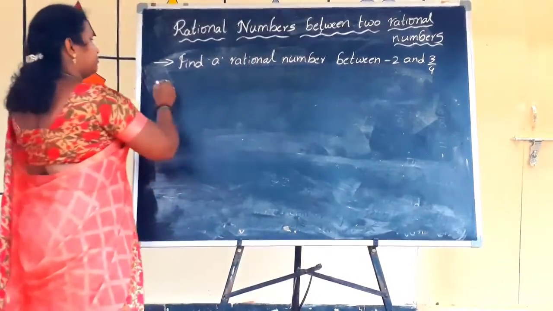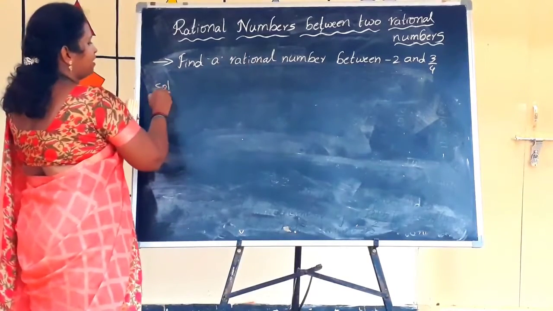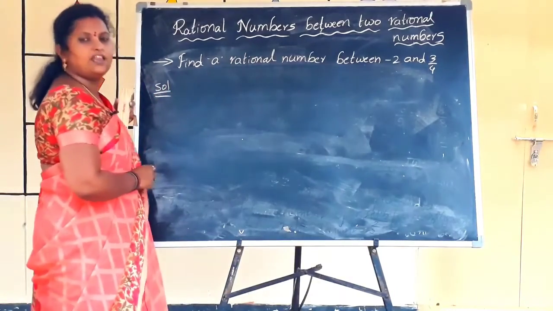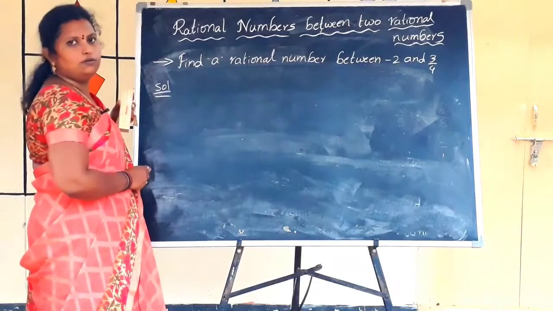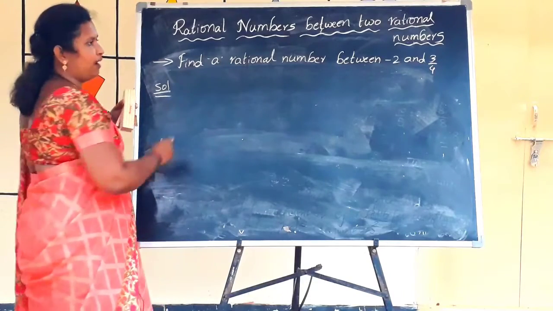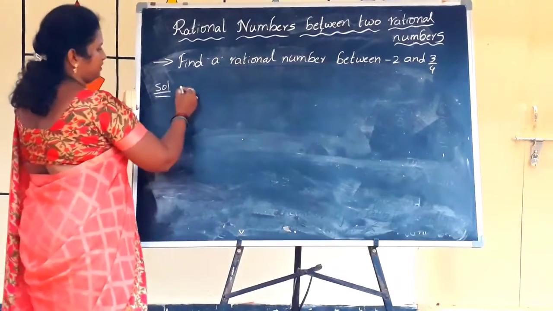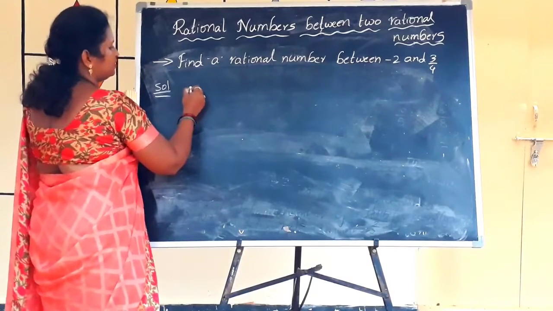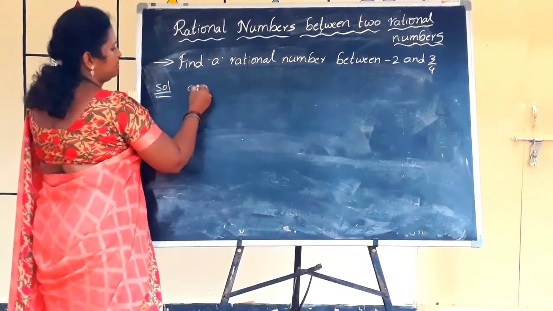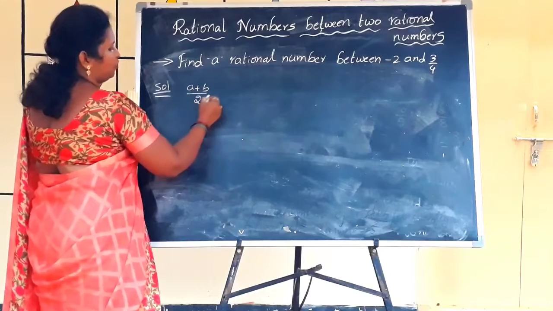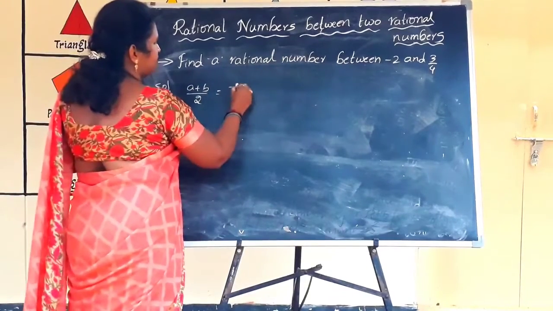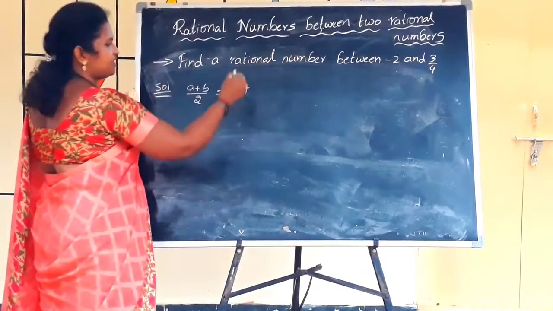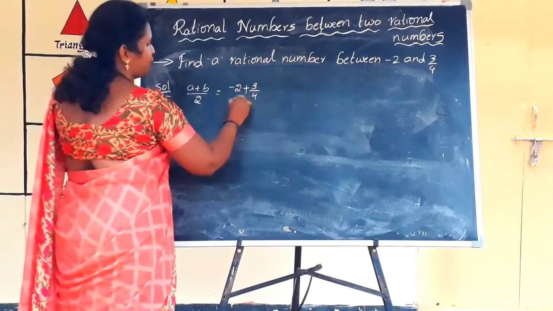Okay, so we know that if a and b are any two rational numbers, then (a plus b) by 2 is the rational number between a and b. Now apply that. So (a plus b) by 2. In place of a we have -2, and in place of b we have 3 by 4.